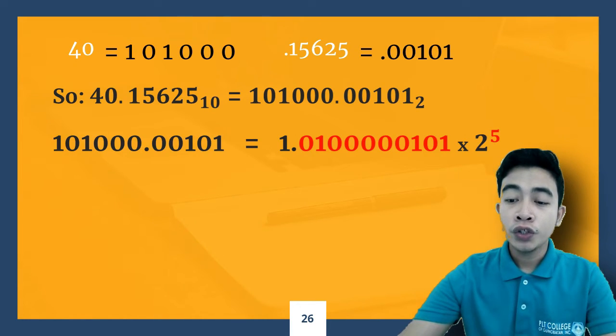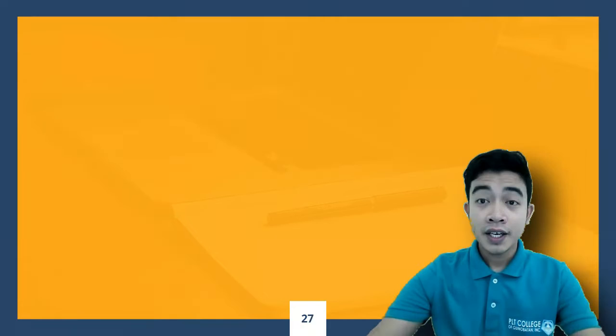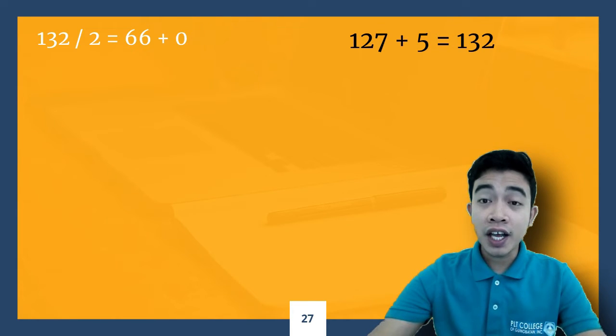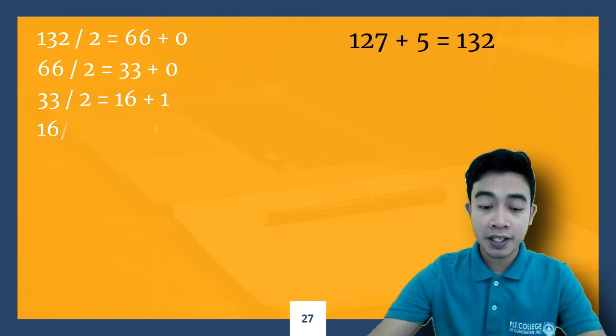Step 2. Normalize the number by moving the decimal point to the right of the leftmost one. 101000.00101 equals 1.0100000101.